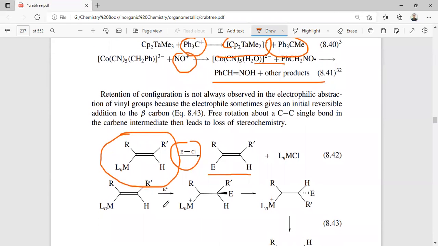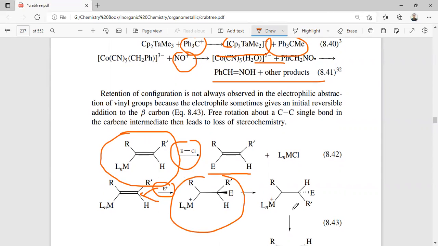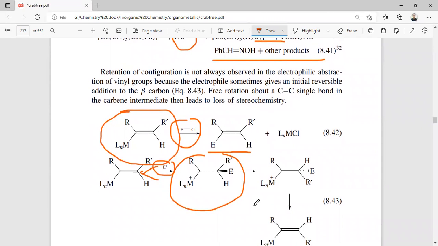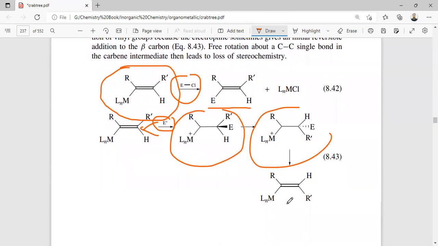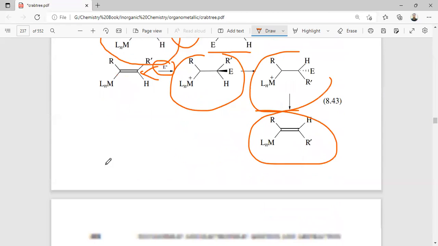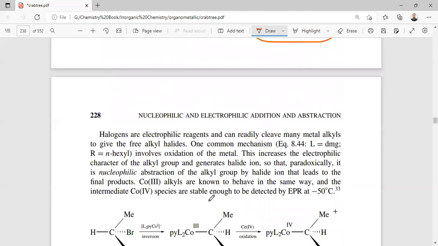Next, another possibility is that it attacks this one to form this, then inversion to form this one, then from this the product is formed. So the halogens are electrophilic reagents and can readily cleave many metal alkyls to give the free alkyl halides.